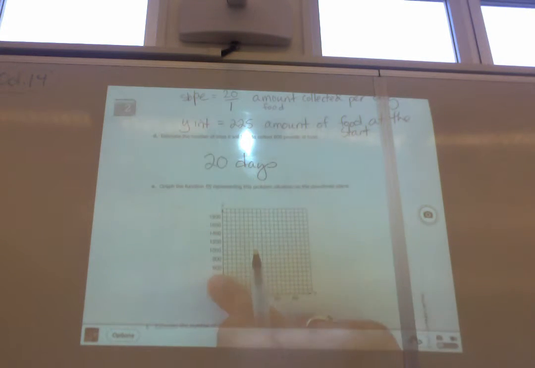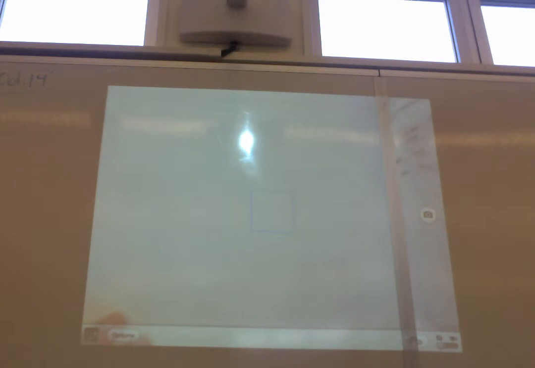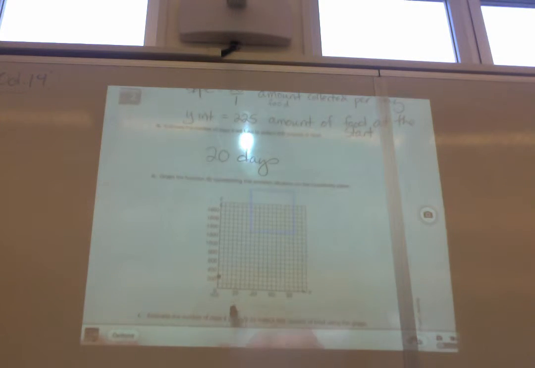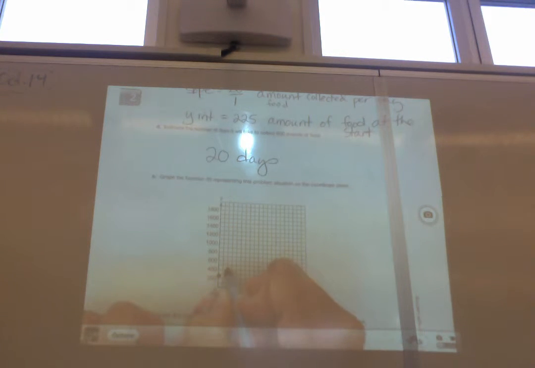They already set up the graph for us, so we're going to read our chart. We already have one dot. What's the second line down? 10 and 425. So first of all, 10 is halfway over to 20. And then 425 is the amount of food.